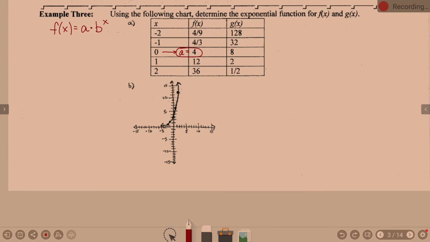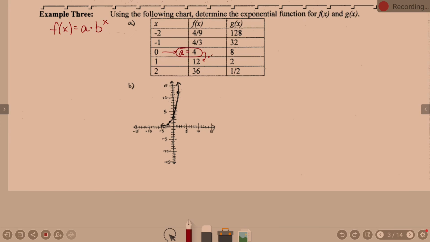A is 4. And then your b value, your base, is how do we get from one term to the next in terms of multiplying? So how are we getting from 4/9 to 4/3, 4/3 to 4, 4 to 12, 12 to 36? If you start with the whole numbers, it's easier, right? How do we get from 4 to 12?